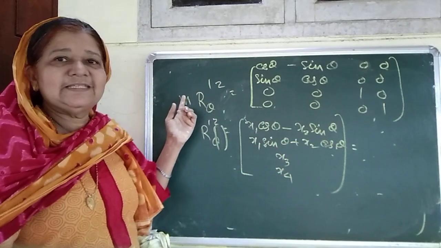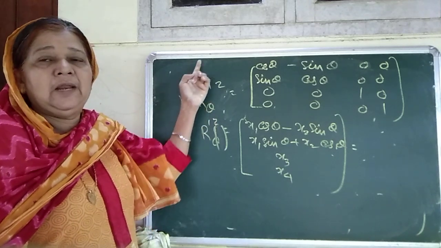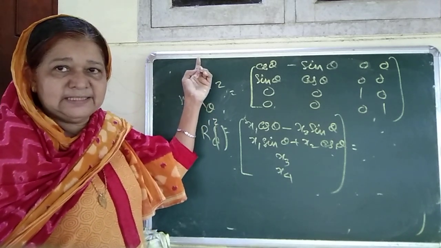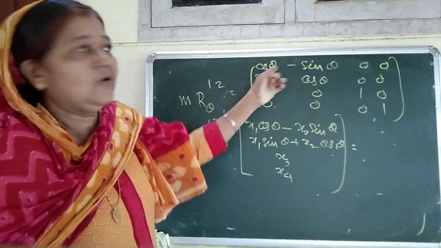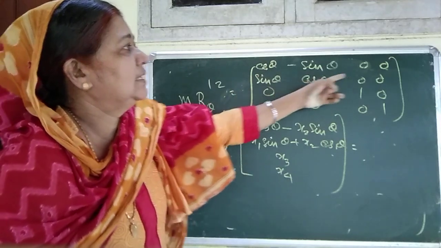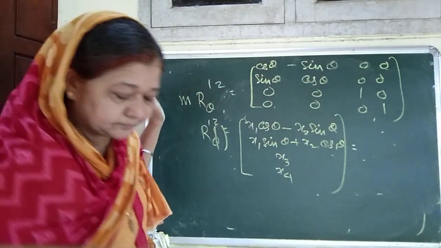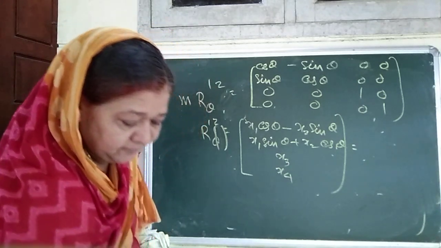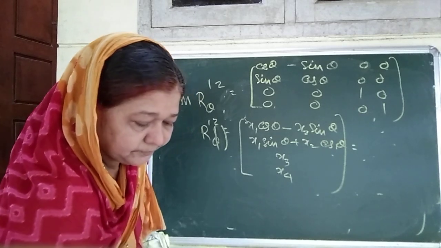That is the matrix representation of a rotation along the axes x1 and x2 through an angle theta. It is very simple. Similarly, we can find any other transformations and matrices.